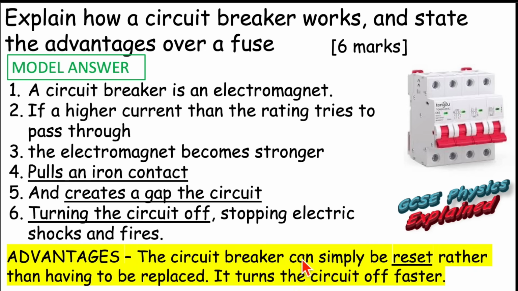Advantages: the circuit breaker can simply be reset rather than having to be replaced, so you just flick the switch back up. It turns the circuit off faster as well. It's more sensitive. It doesn't need to heat up like the fuse needed to before it broke the circuit.